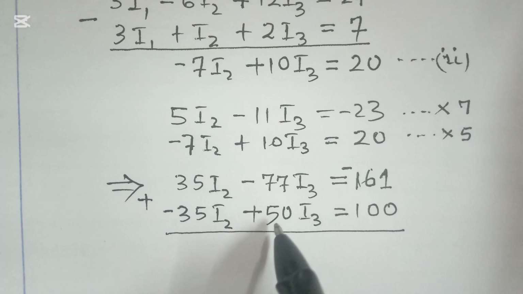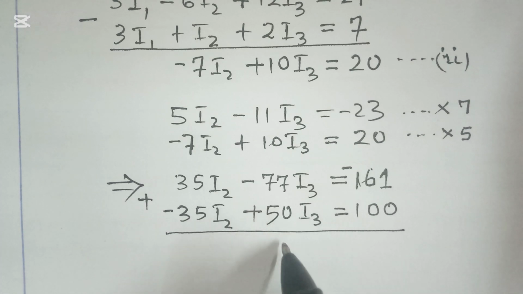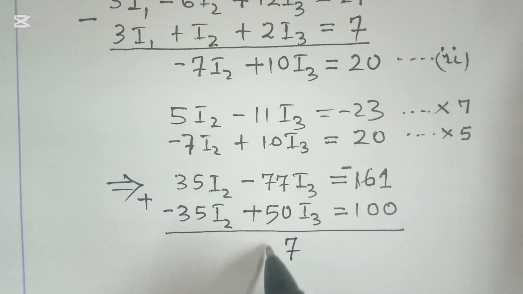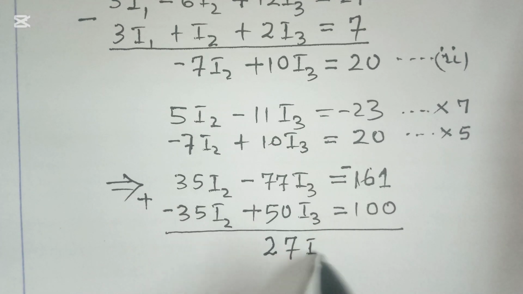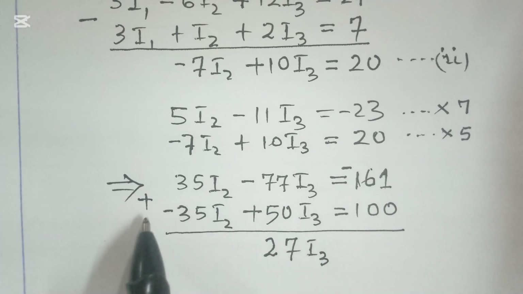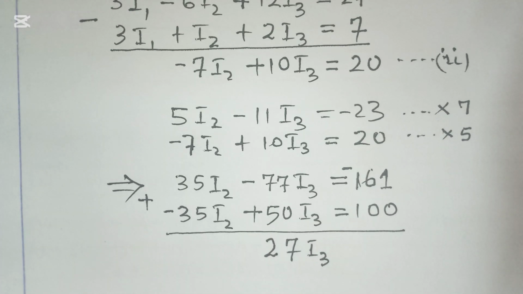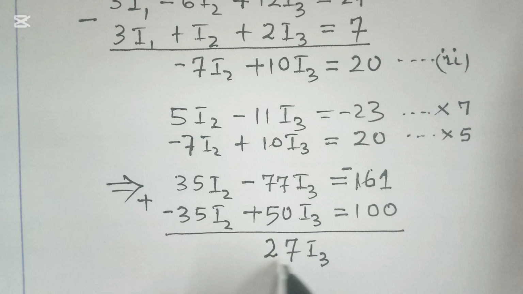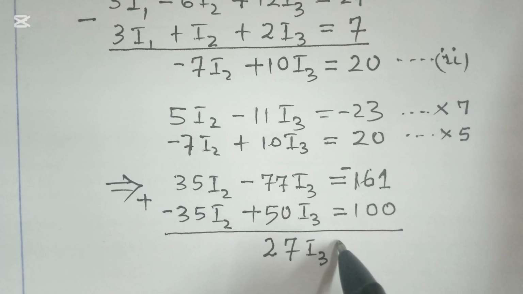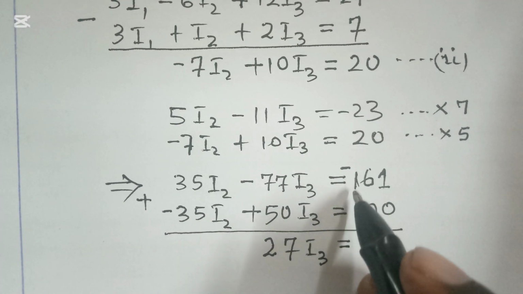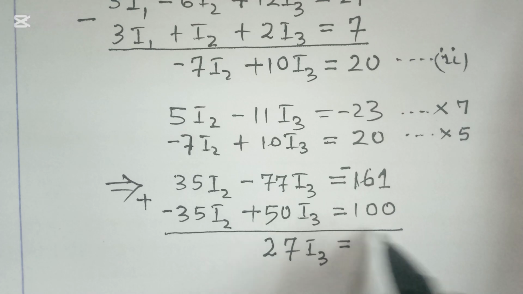We are going to have minus 27 I3. Remember that the sign of addition does not really affect a negative sign. This is equals to minus 161 plus 100.